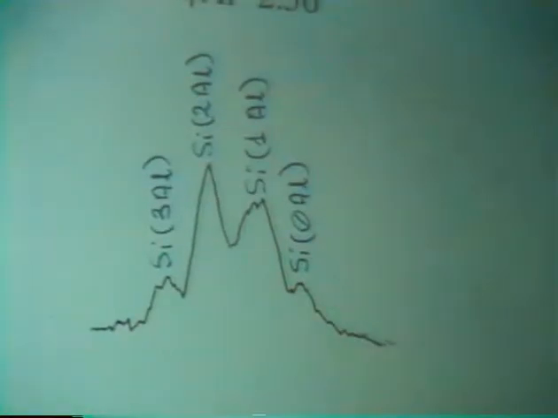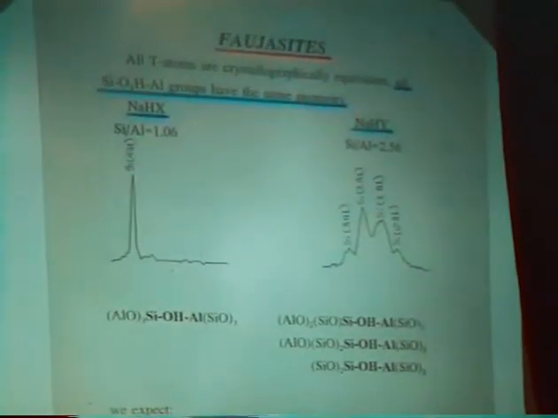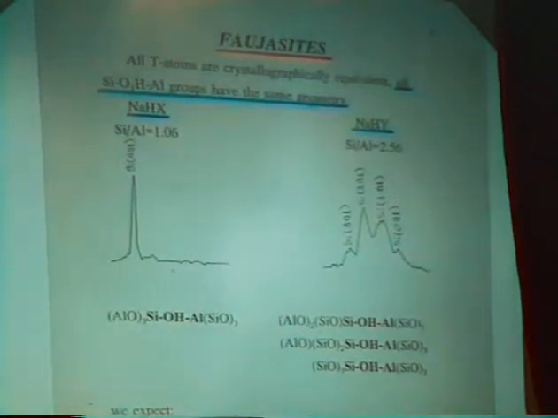In X zeolites, with Si to Al close to 1, the situation is similar as in A zeolite. You have the same number of Si atoms and Al atoms. All Si atoms are surrounded by 4 aluminums. In the magic angle spinning NMR spectrum, we have 1 signal of Si having 4 aluminum neighbors.